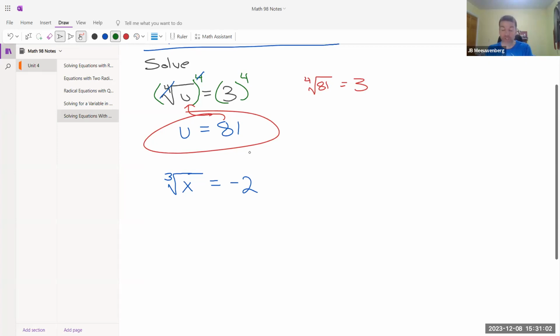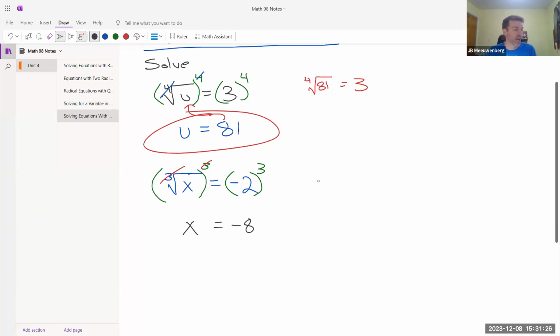You can't take even roots and get a negative, but you can take odd roots. So let's try to clear off this radical with an exponent of 3 on both sides. So this will cancel out that. We will be left with x equals, and then negative 2 to the 3rd power is negative 8.